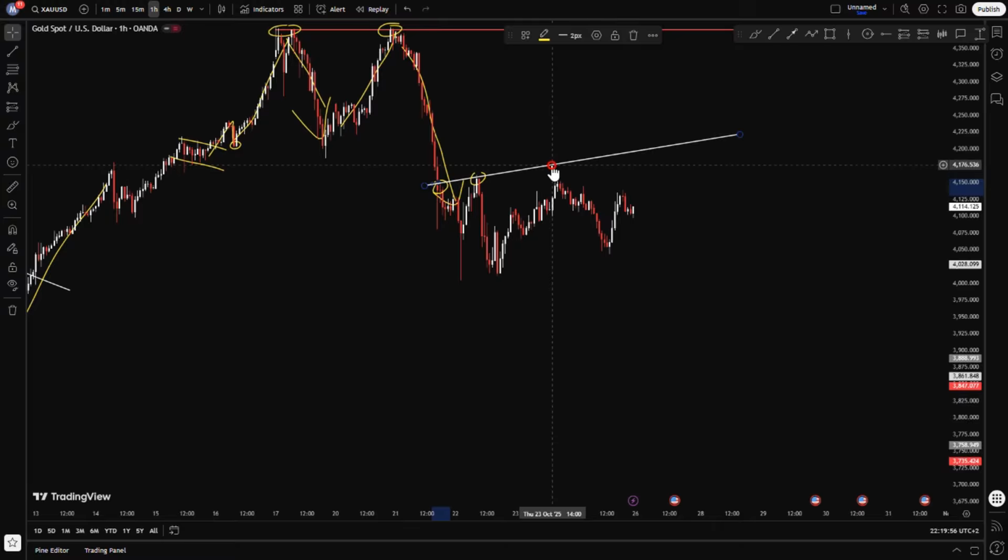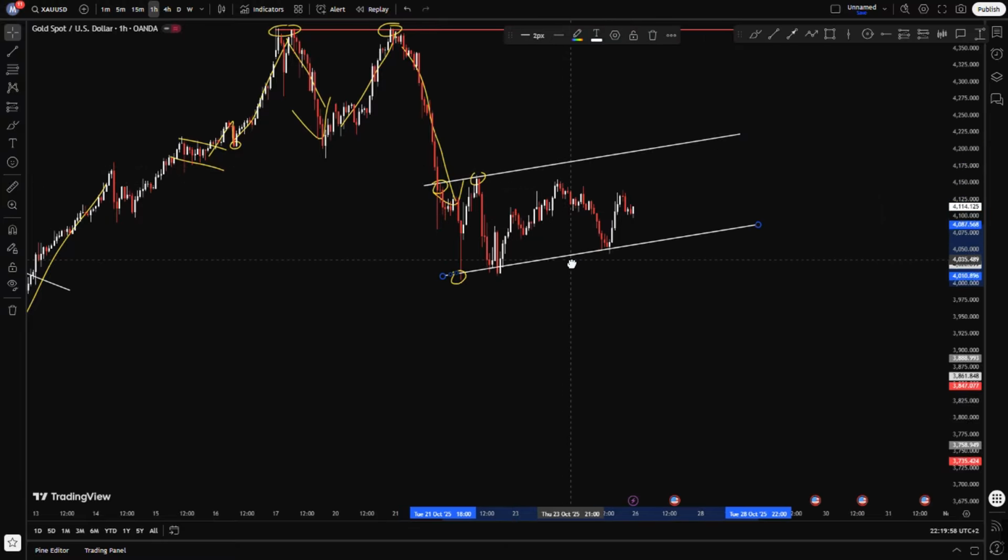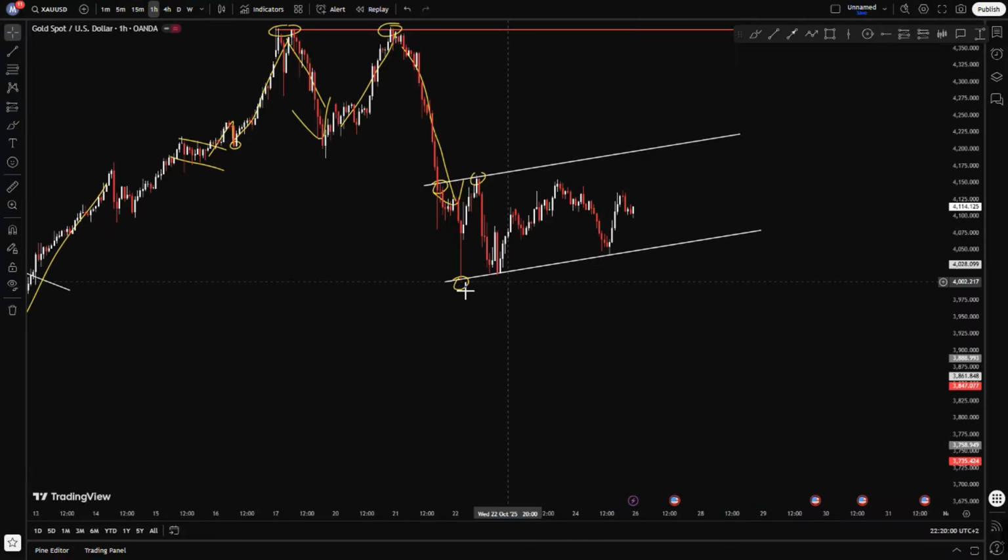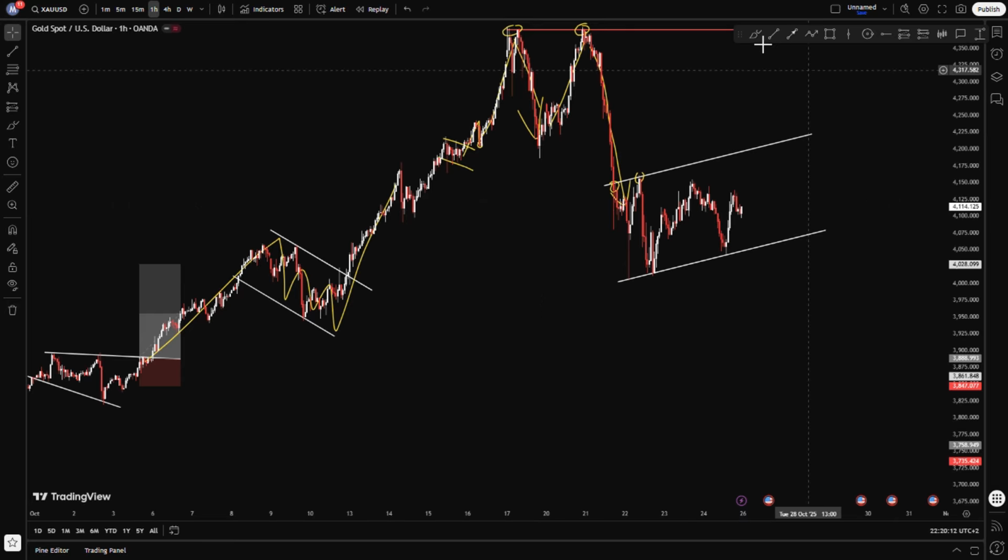Okay, when we're analyzing the market, we're trying to predict what the next move is going to be. Okay, so now if we take this move to the downside as an impulse to the downside, right, and let's say we have this right here, so we have 1, 2, 3, so this is a valid trend line right here.